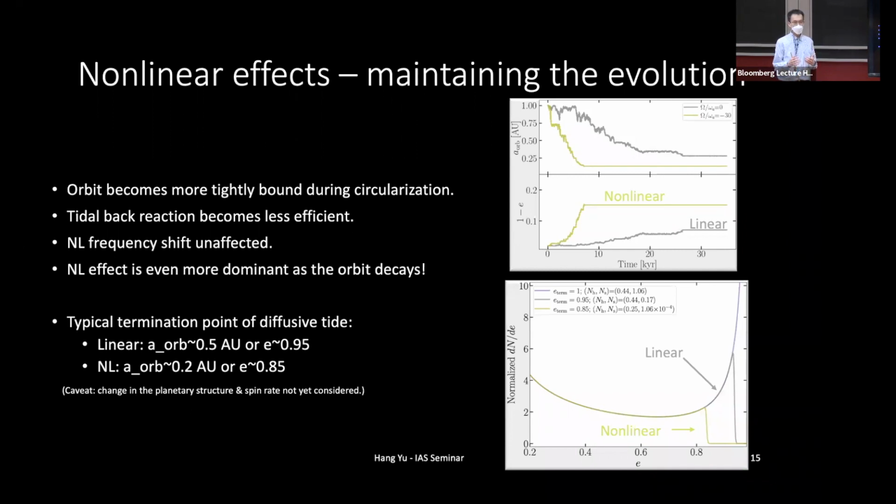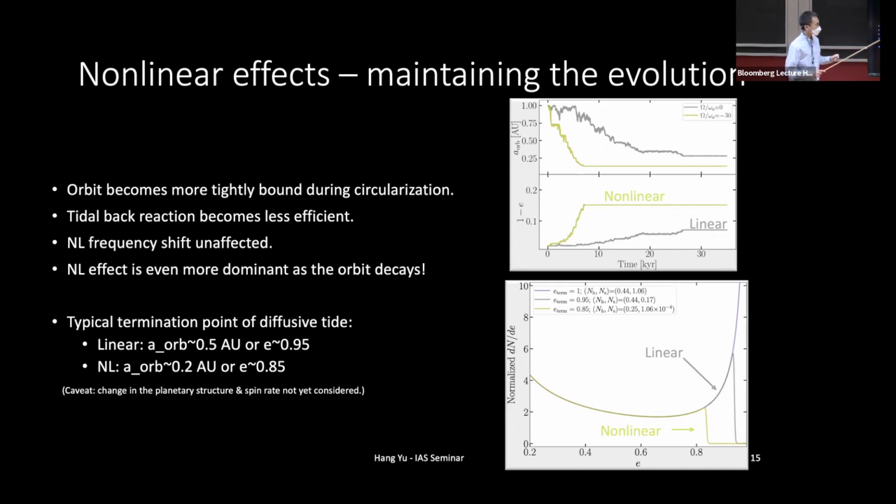In other words, the fractional perturbation on the orbital period decreases as the orbit shrinks. But the nonlinear interaction is less affected, because for the nonlinear interaction, the natural energy scale is the binding energy of the planet itself, not the binding energy of the orbit. Therefore, the fractional perturbation on the mode frequency stays approximately the same. The end result is that by including the nonlinear effect, this orbital circularization through the diffusive process can proceed further.